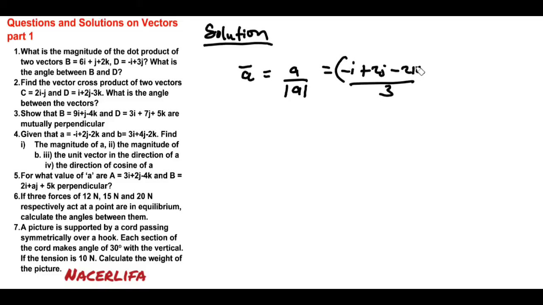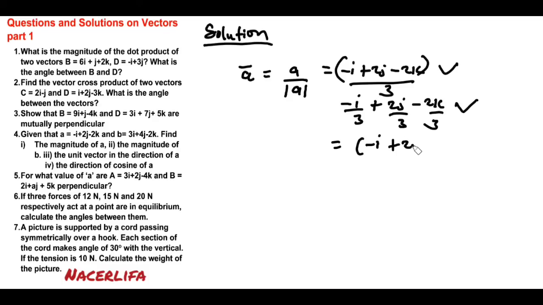So this is now the unit vector in the direction of a. We can have it as minus i upon 3 plus 2j upon 3 minus 2k upon 3. Or you can have it as minus i plus 2j minus 2k, all upon 3. So all these are the same. This is the unit vector in the direction of a.